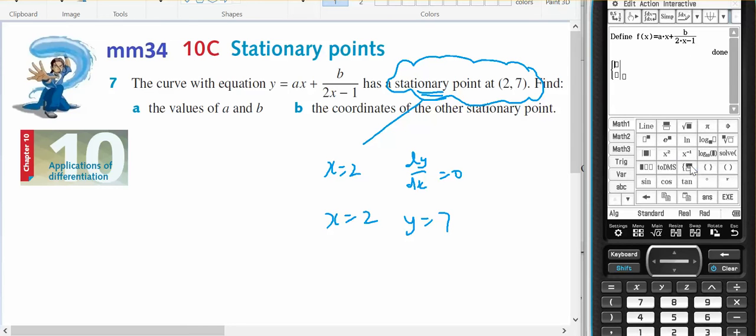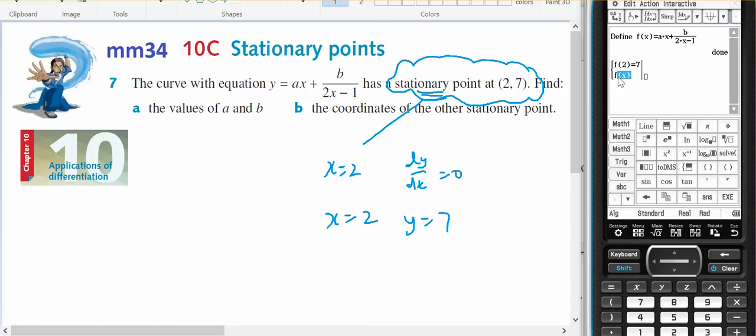So my simultaneous equations will be: I know that f(2) equals 7. And I also know that the derivative equals 0.